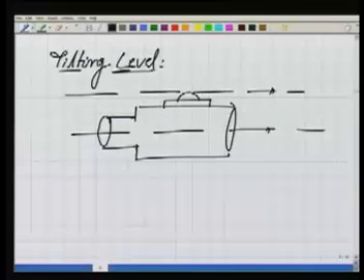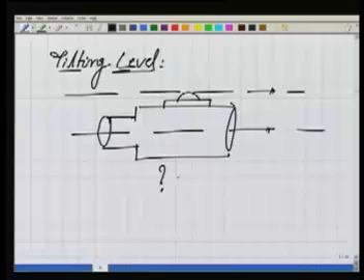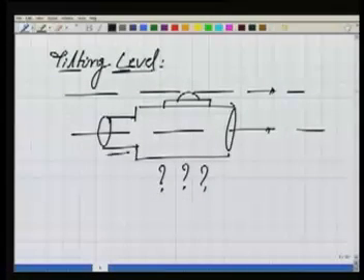Now in the tilting level, the advantage is that it is very fast. Why? Because instead of having three leveling screws, we have only one leveling screw here, and using this we can do quick leveling. We will see a demonstration of the tilting level now.